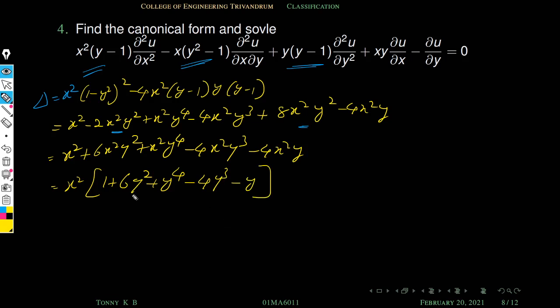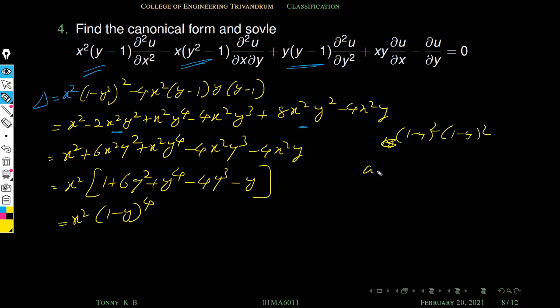Okay, so this is equal to x square into (1 minus y) whole raised to 4. You can either check the binomial expansion, or you can use this formula. What is (1 minus y) whole square into (1 minus y)? Or you can use the binomial formula.